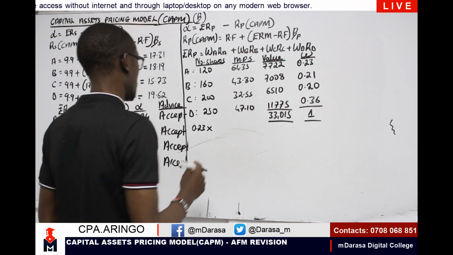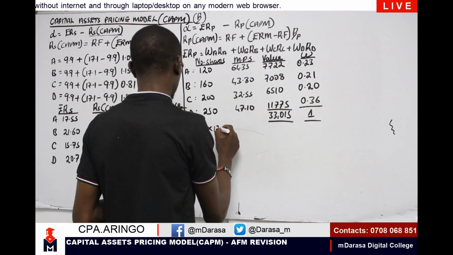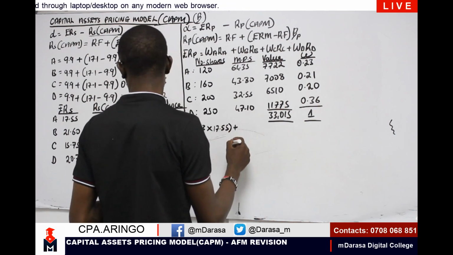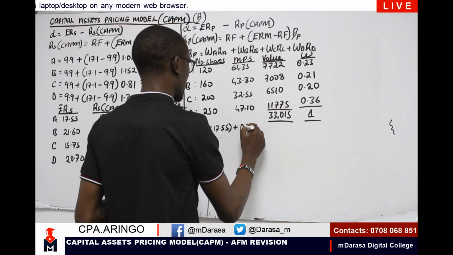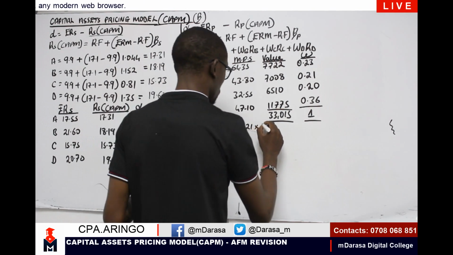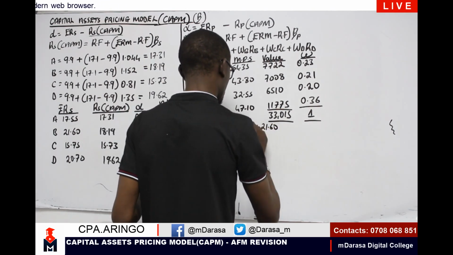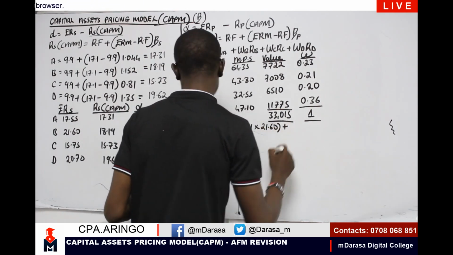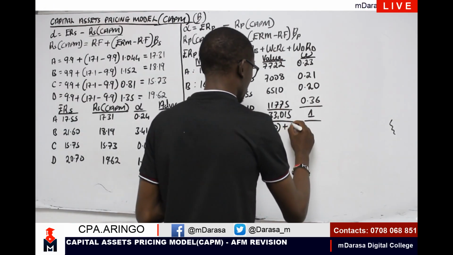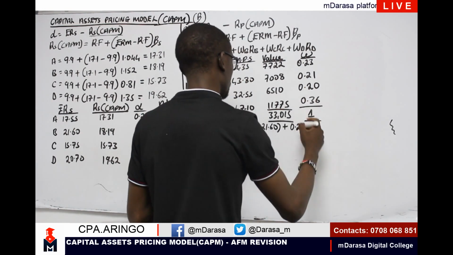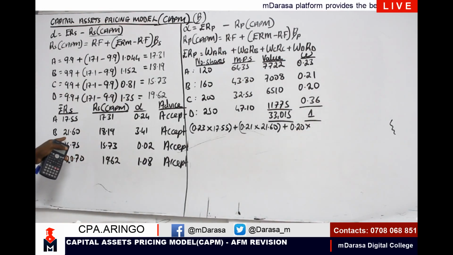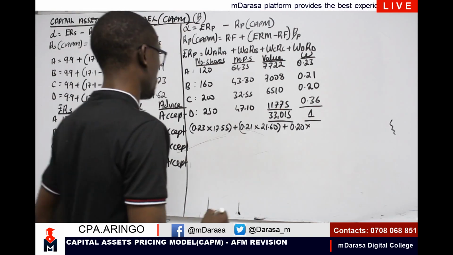So that would be easy, which ideally I'll just pick what we had here. This should give us 17.55. We add 0.21 times 21.60. Of course, we are going to add 0.20, the weight, multiplied by this return, which was 15.75.